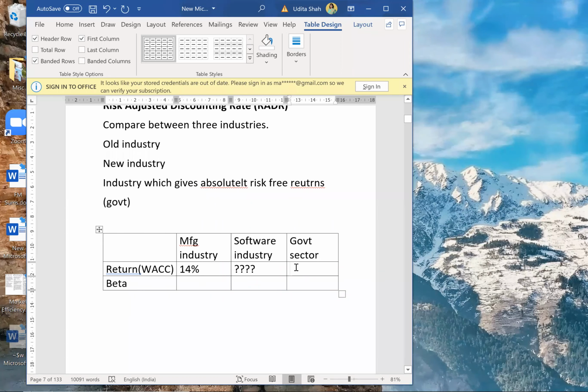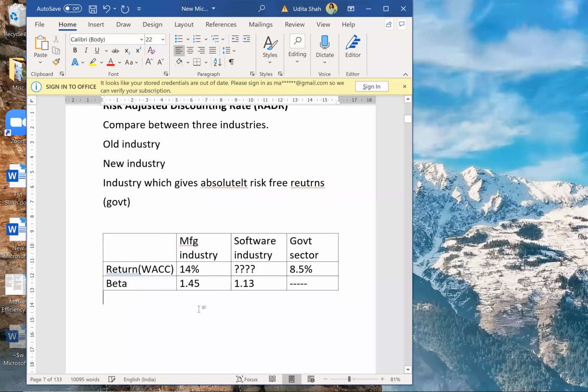Government industry, the returns were, let us say, 8.5%. Here the beta is 1.45. Software industry, the beta is 1.13, and here they have not given the beta.